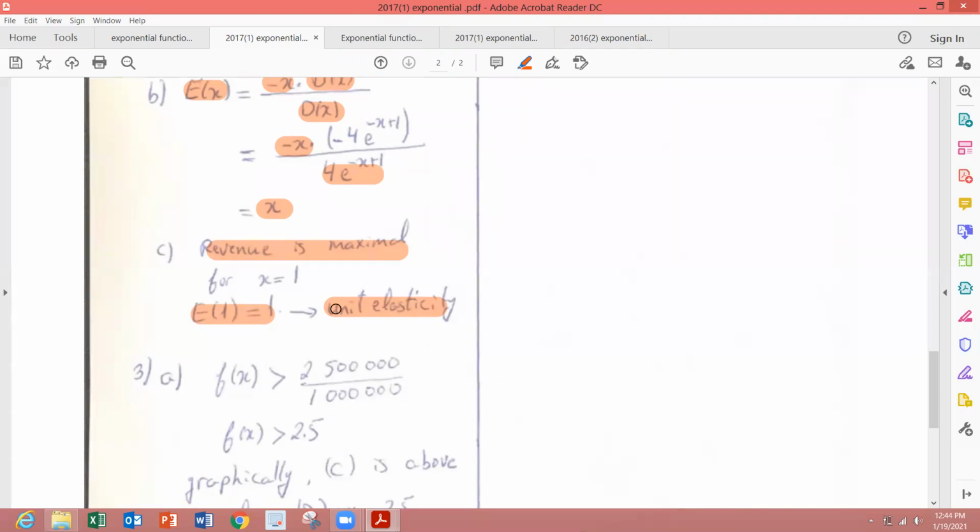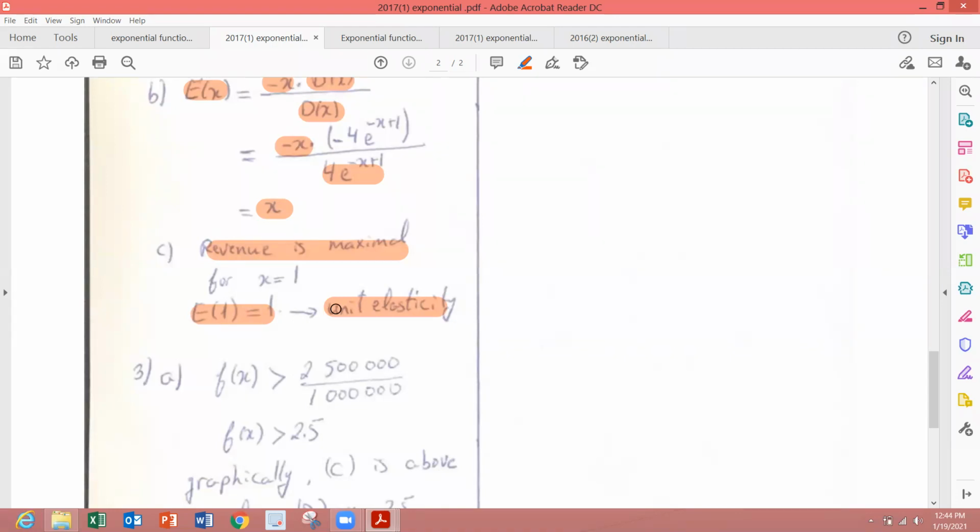It means if the price increases by 1%, the demand will decrease by 1%. This is why we call it unit elasticity.